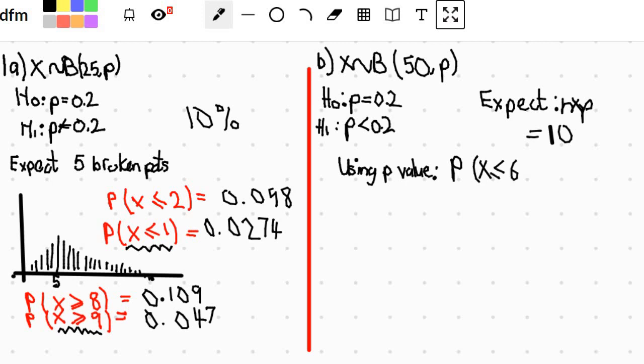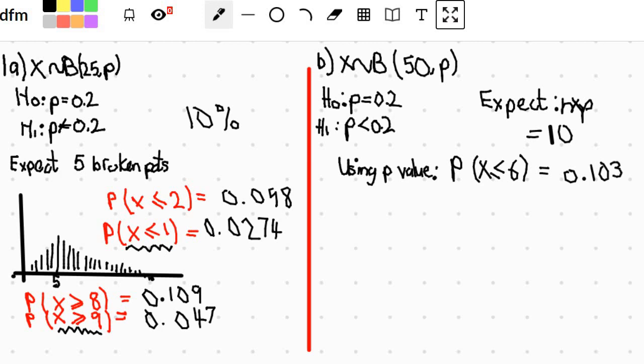I'm just going to find that. So I can do that easily enough in binomial CD. Remember now, P is 0.2, N is 50, and I'm letting X equal 6 in binomial CD. Okay, so that gave me 0.103.